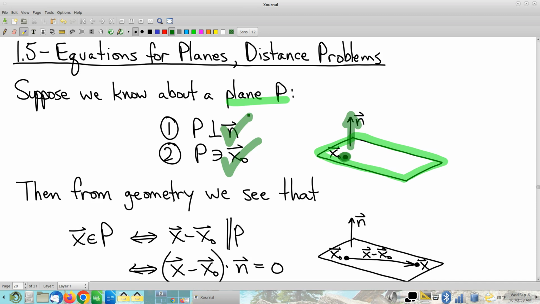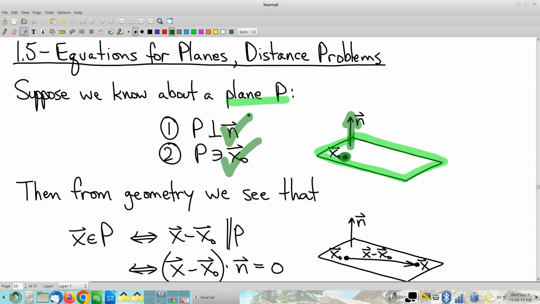Once you know a normal vector, that kind of tells you how the plane is oriented in space. Once you know that normal vector, the plane's got to be oriented a certain way. And then once you know a point that it goes through, that nails down what plane it is that we're talking about. Okay. So, given x naught and n, how would I write the equation of the plane?